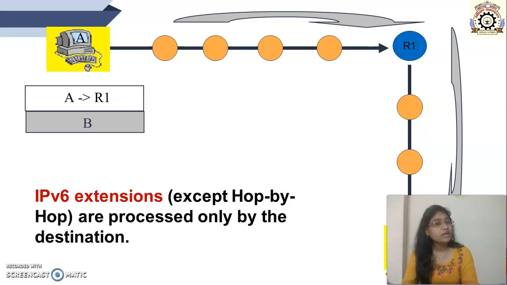But if we are not using the hop by hop extension header, then that packet is not visited by each and every node. It is visited by the main router only, and it is forwarded directly to the intended destination. So in case of IPv6, if we are not using the hop by hop extension header, that packet is not visited by each and every intermediate node.